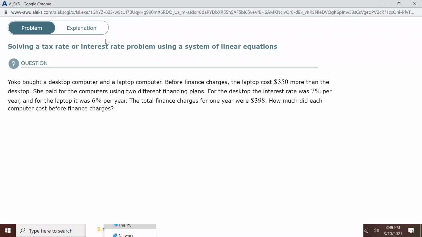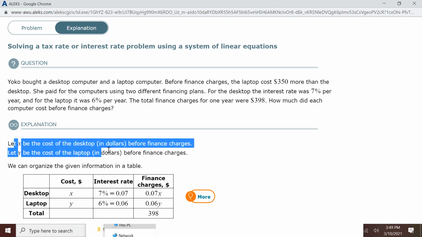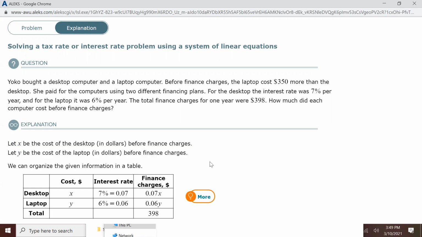One more. For this one, we'll just use the explanation that Alex has provided. We'll start by defining our variables. And then we can make this fancy table to help us figure out our equations.